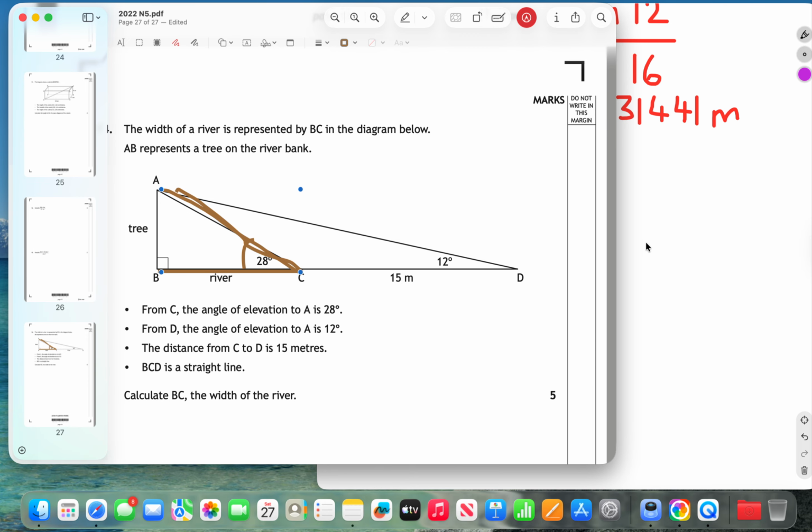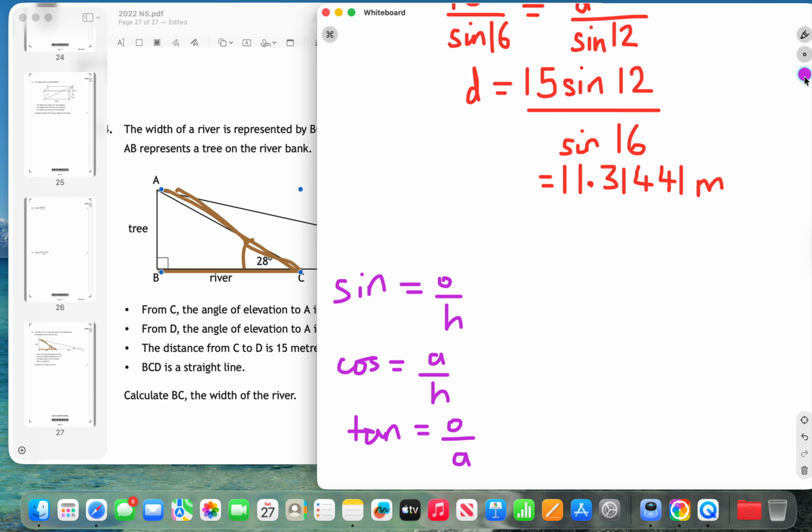Now we want to find BC, and for right-angled trigonometry, you don't really want to use the convention of small letters and capitals. So we'll switch D back to AC. You can, using AC or small letter d on its own, effectively mean the same thing in this case.